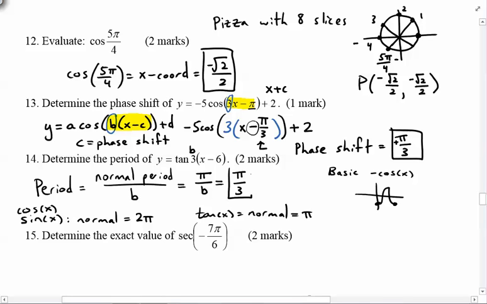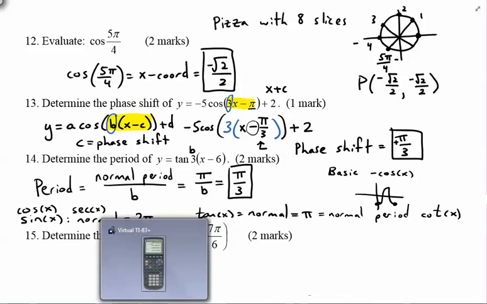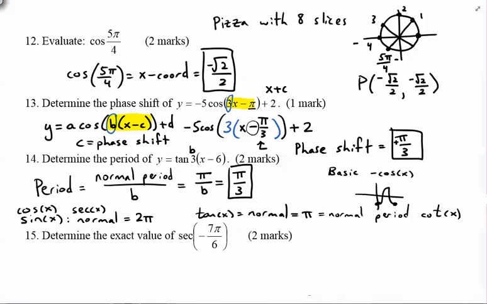So it's really a trick question, because you have to remember that cotangent and tangent both have a period of pi instead of 2 pi, like all the other graphs. So secant, cosecant, cosine, and sine all have a period of 2 pi. But tangent has a period of pi.